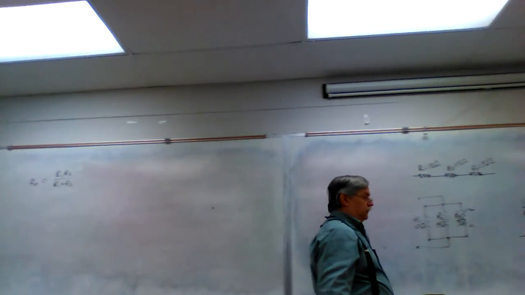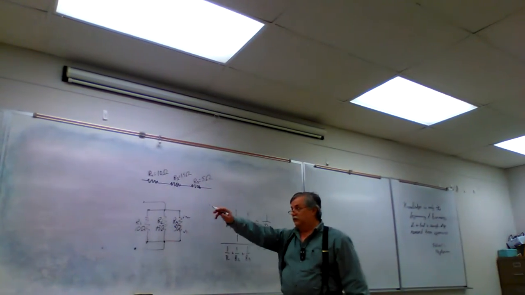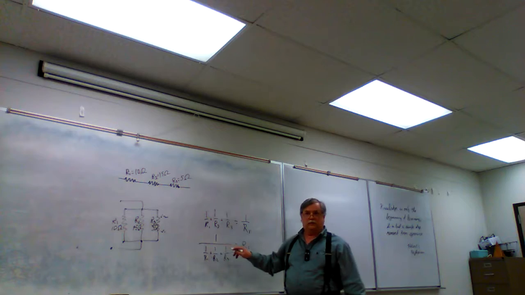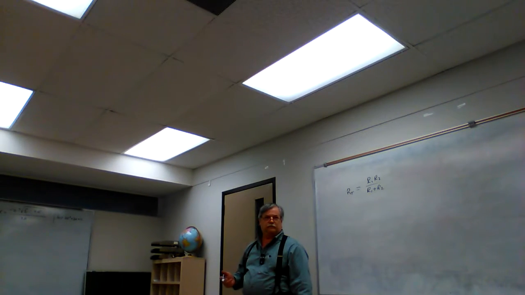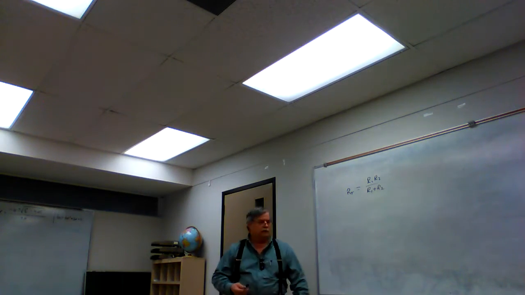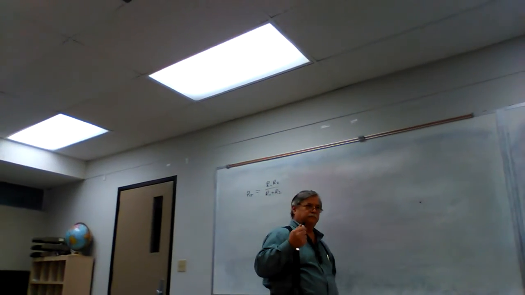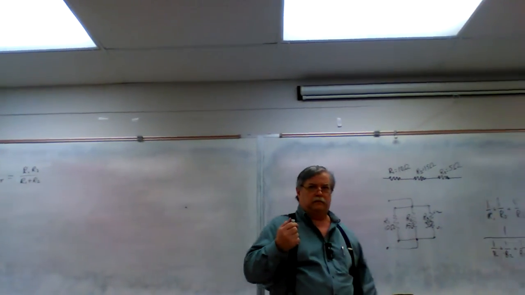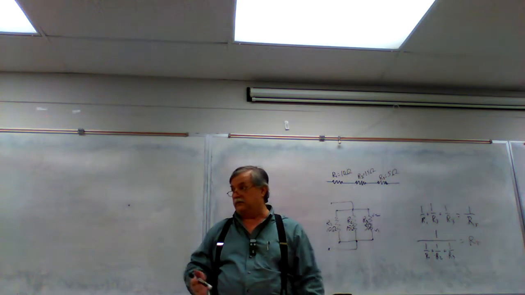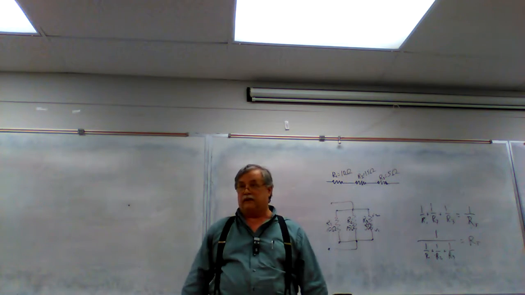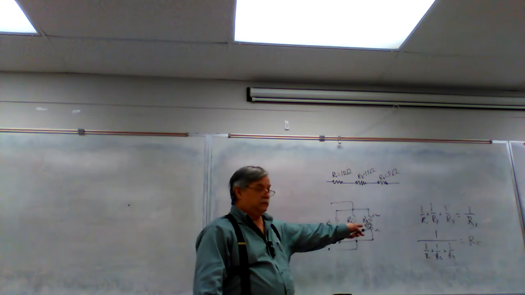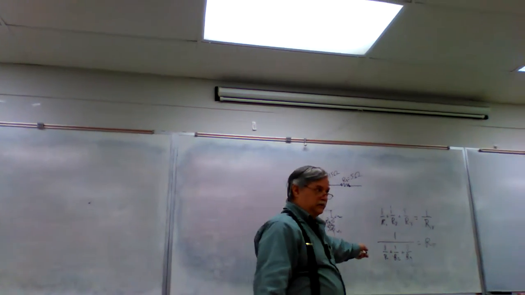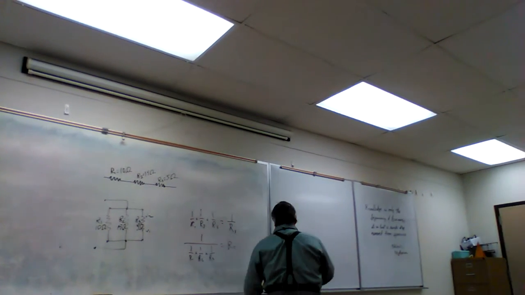How many of you know that formula is what this reduces to in the special case that you only have two resistors in parallel? If you're only dealing with two parallel resistors, then that's a quick way to find their equivalent resistance. But if you have more than two, you have to go back to foundations, back to the general case.